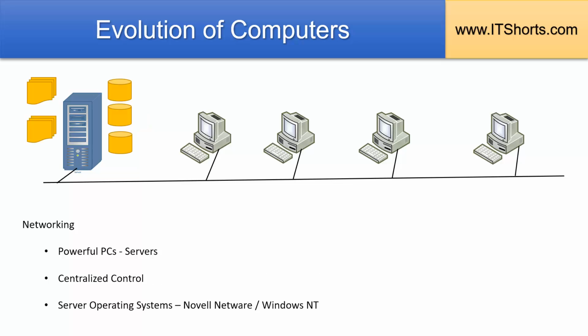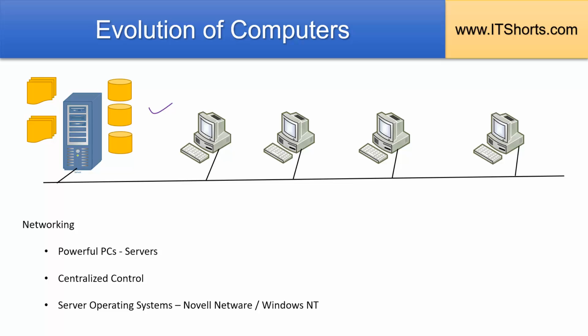So, here the centralized computer contains the resources that were shared across the network. They would share folders or even entire disk drives. Since these shares are from a single powerful computer, it was easy to control from a central location.